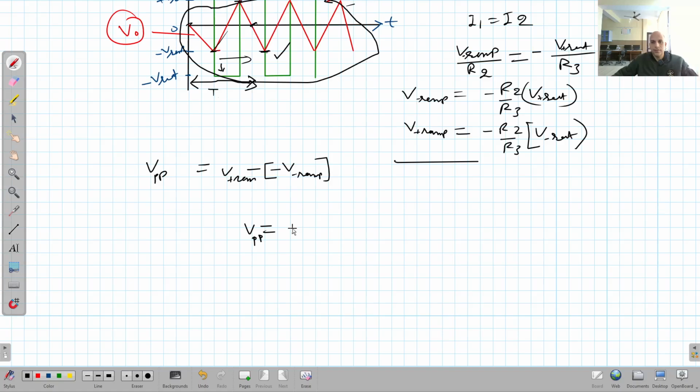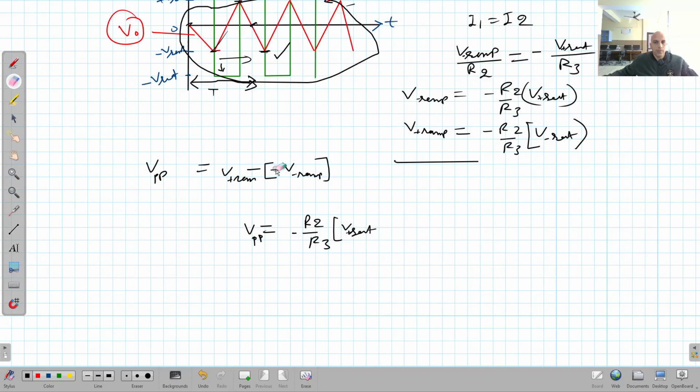This becomes plus R2 upon R3 negative V saturation, right? Sorry, I made a mistake here. It is not negative because we have already taken V negative ramp.